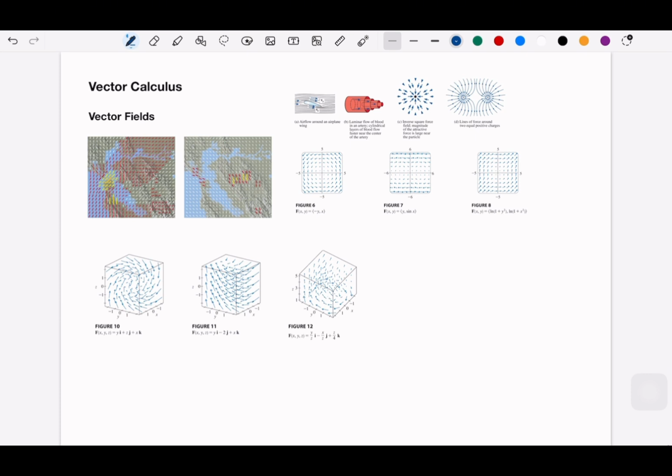And starting from today until the end of the semester, we are going to focus on the vector calculus, which we start with the definition on the vector fields, and then move to line integrals, the surface integrals, also the curl and divergence.